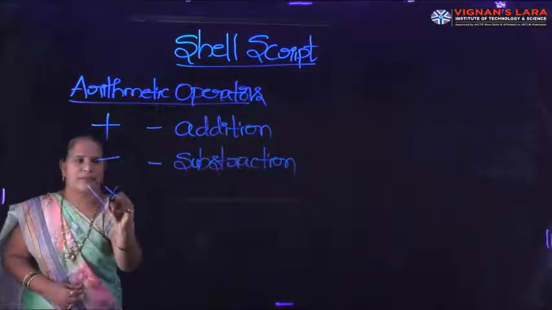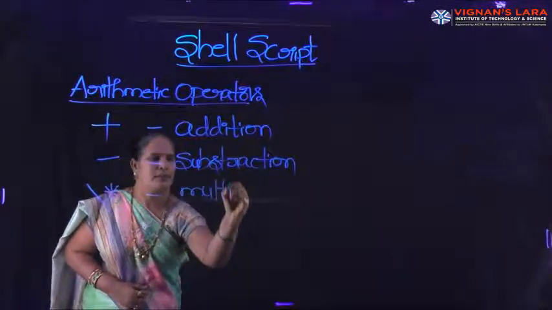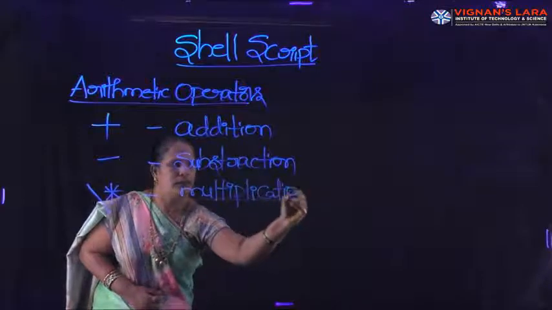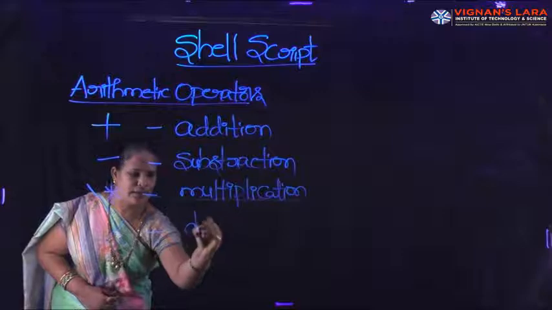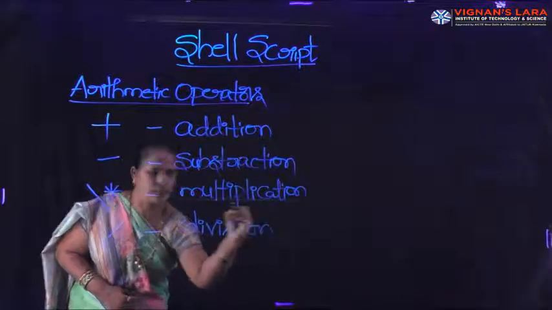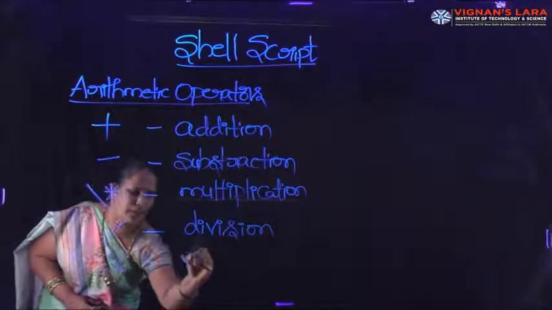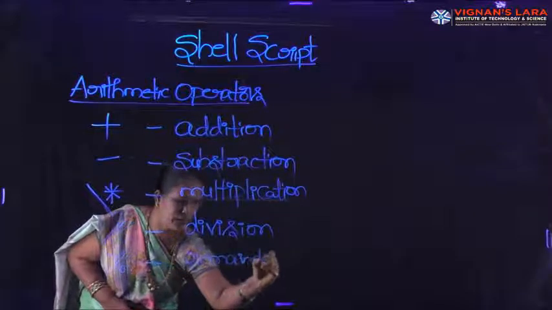Slash star is used to perform multiplication. And this slash is used to perform division. And percentage is used to get the remainder.